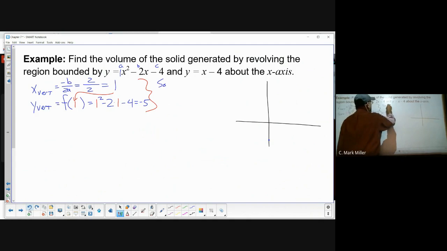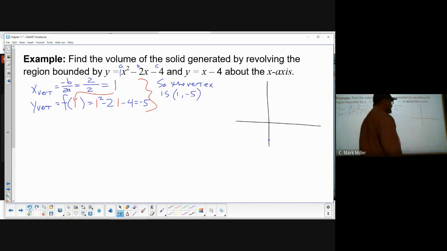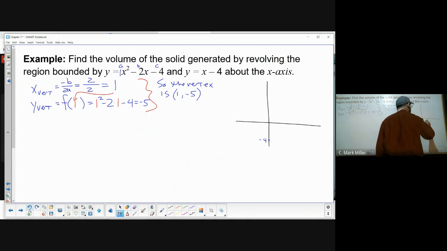So the vertex is (1, -5). This is -4 here, and (1, -5) would be right here, and so our parabola would be something like this.